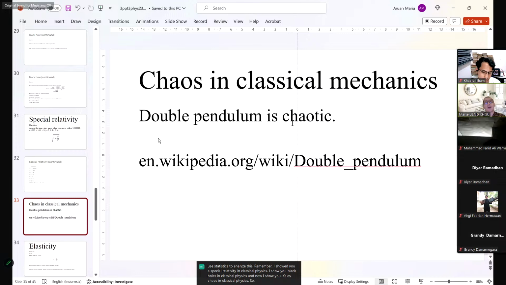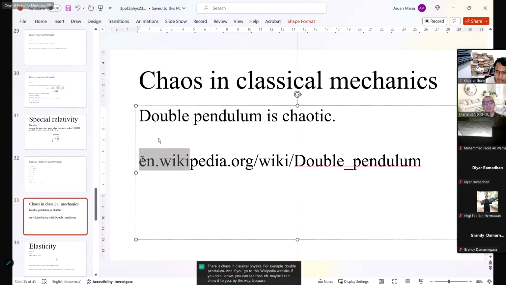So surprisingly enough, there is chaos in classical physics. For example, the double pendulum. And if you go to this Wikipedia website and scroll down, or maybe I can show it to you, by the way, because I'm sharing the screen. Let me try to show it to you.